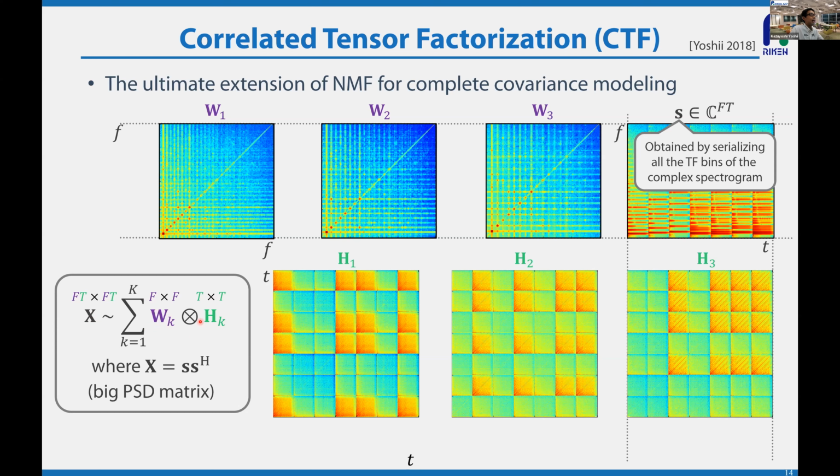On the other hand, in this method, the complex spectrum at each time frame is stochastically generated according to this complex Gaussian distribution, whose covariance matrix is given by this. This is the covariance matrix, and this is a multivariate complex Gaussian distribution. This means that the F elements of this vector are correlated with each other.